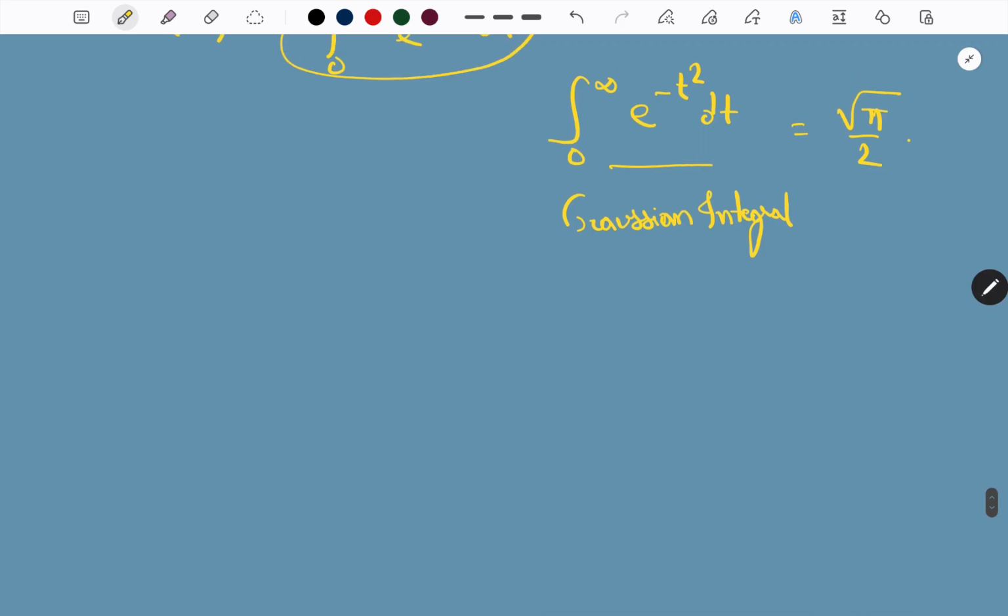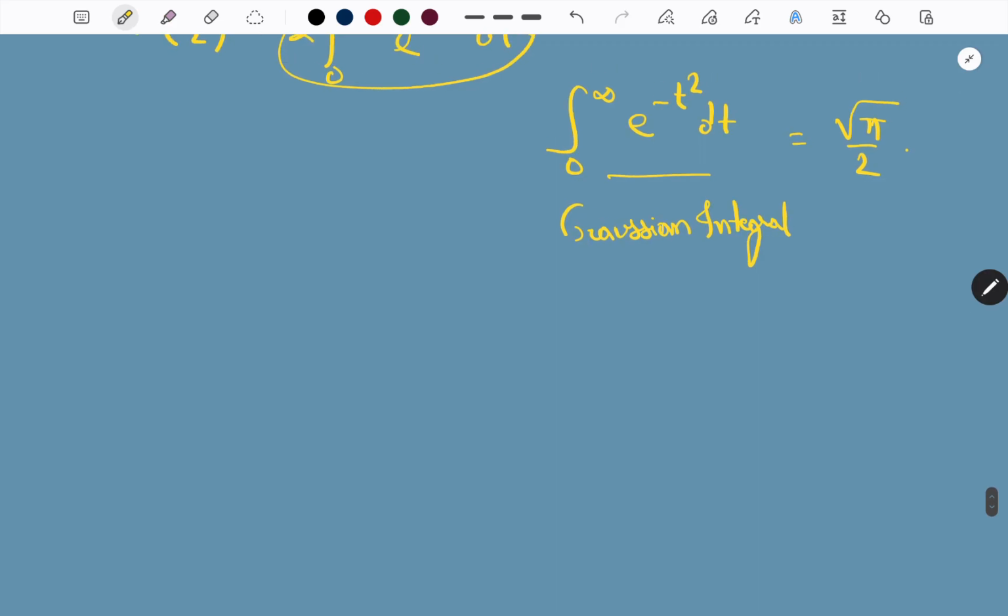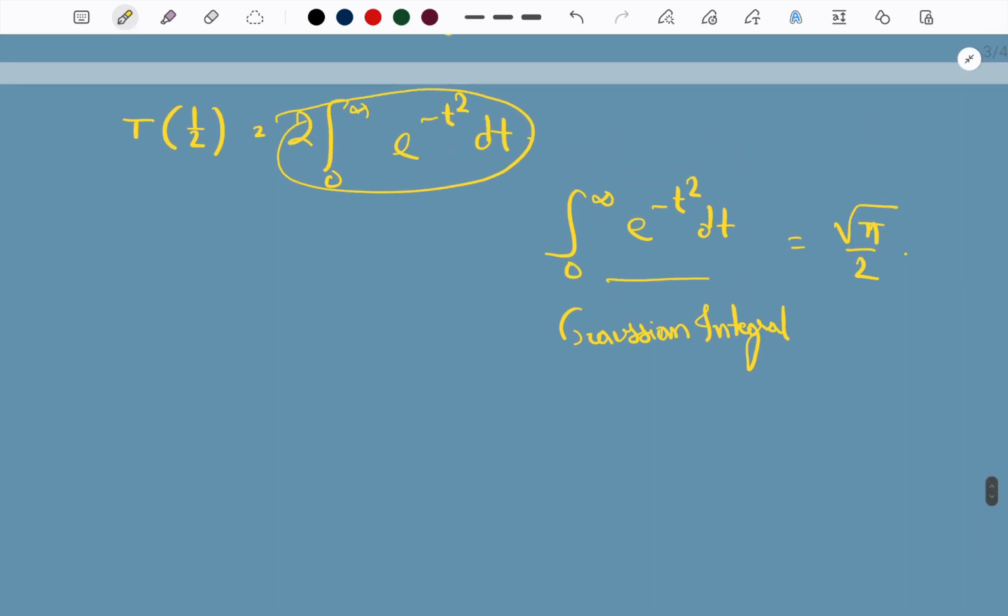This value is always equal to root pi by 2, and hence if we are required to find twice of this value, we can prove how e to the power minus t square dt is equal to root pi by 2, but that will be dealt with further when we are dealing with multiple integrals. So for now you just remember the integral from 0 to infinity of e to the power minus t square dt is equal to root pi by 2.